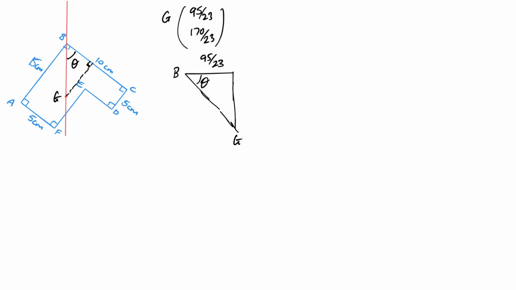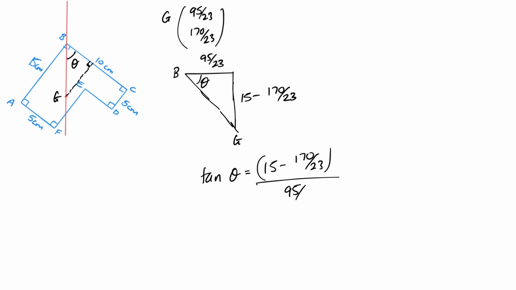And when I look at this distance here, well, it's this total distance 15 minus this height here. So this will be 15 minus 170/23. So we get tan theta is opposite, 15 minus 170/23, over 95/23. And to my calculator, that will give me 61.5 degrees to 3 significant figures.